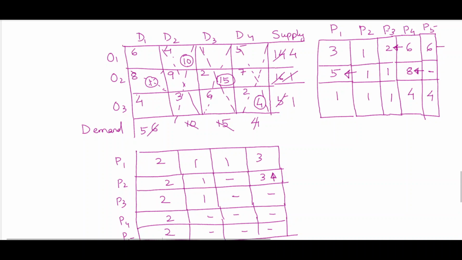So we will first allocate here 6, that means this column here it will be our 4. We will cut this, so this entire column is crossed, and the remaining one, 1, we will write down here. So we have allocated this one. This completes all our allocations.